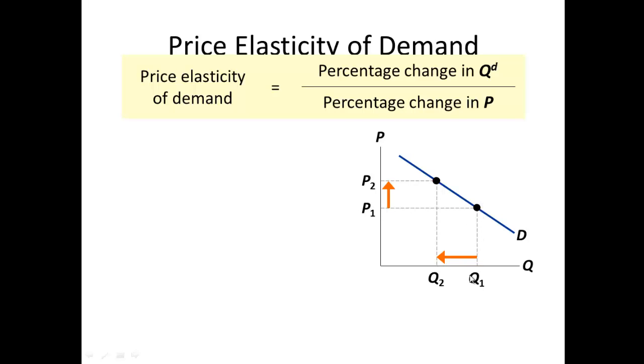Well, at P1, the quantity was Q1. And then when the price goes from P1 to P2, we'll know what that amount is. And so what we do is take the percentage change between Q1 and Q2 divided by the percentage change between P1 and P2, which will give us our price elasticity of demand.